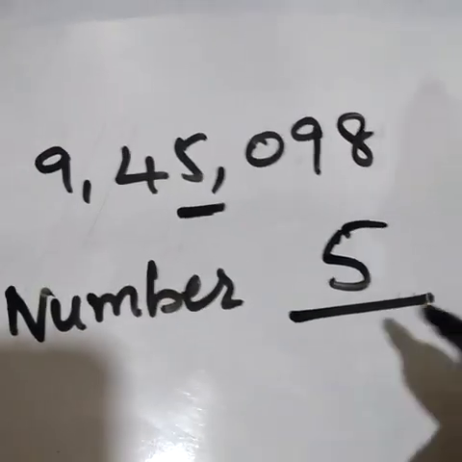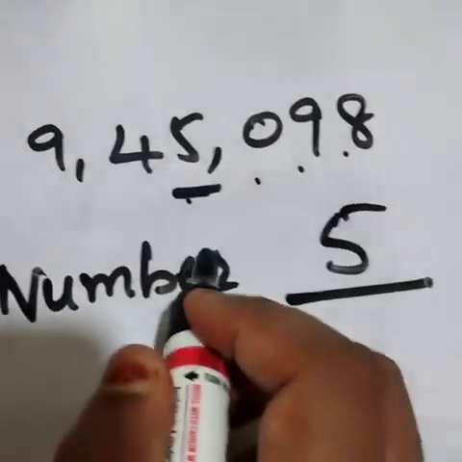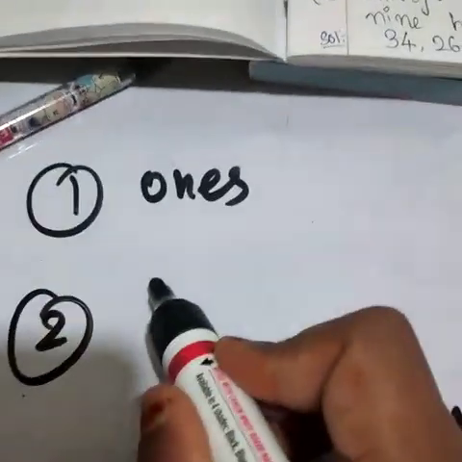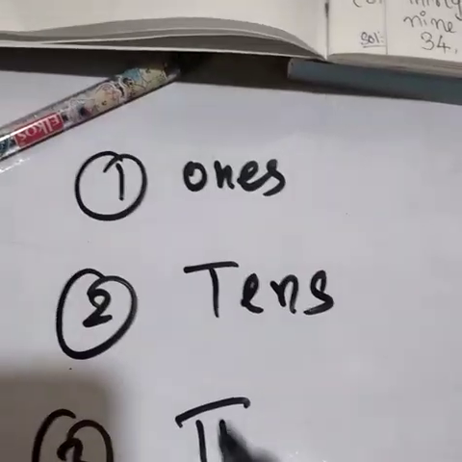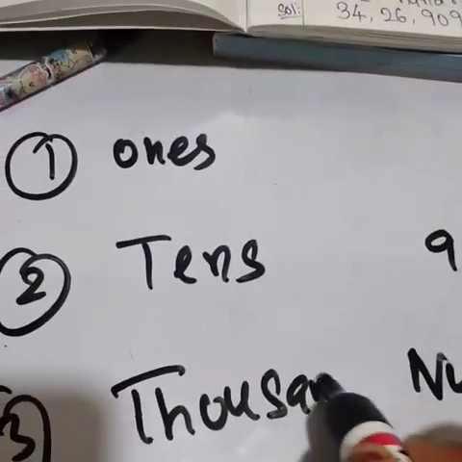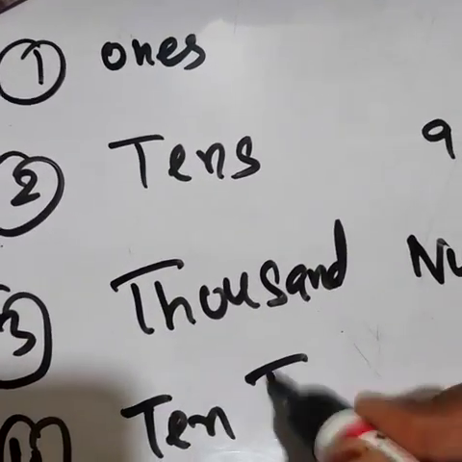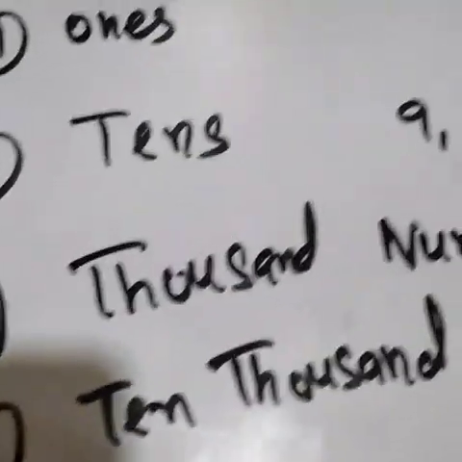So how will you write the answer? Ones, tens, 100, 1000. I will give these options. Ones is the first option, in the second option tens, in the third option 1000, and 10,000.